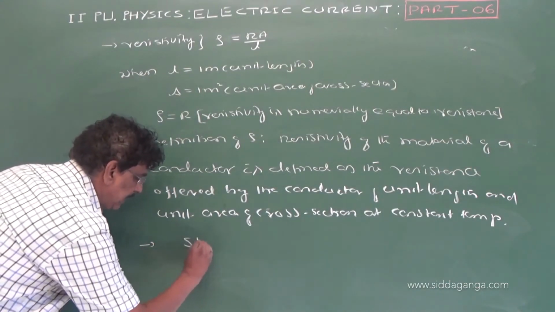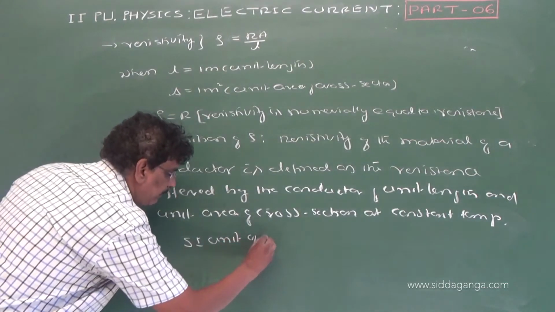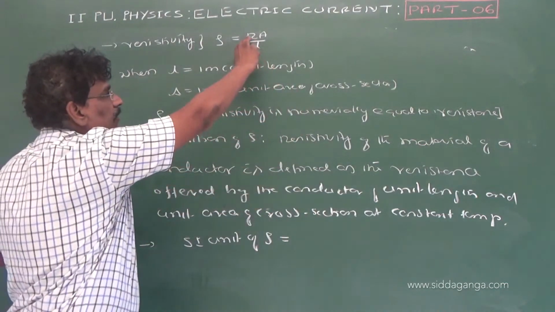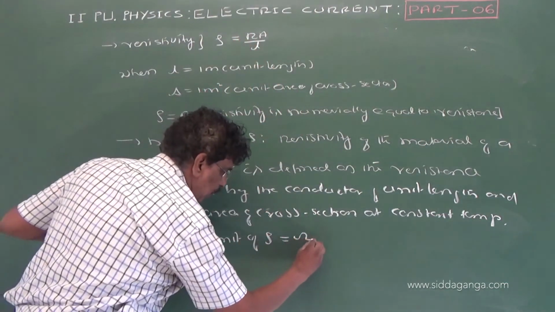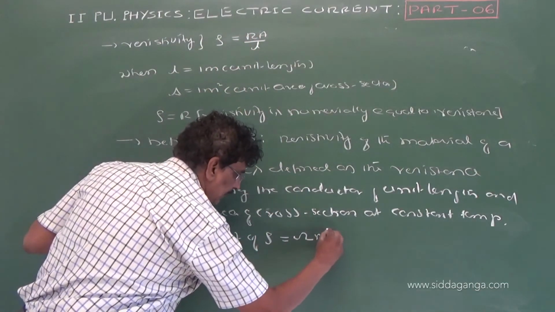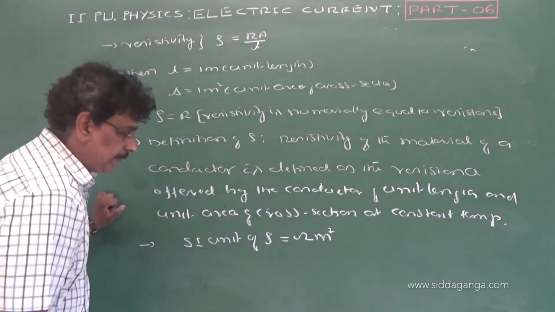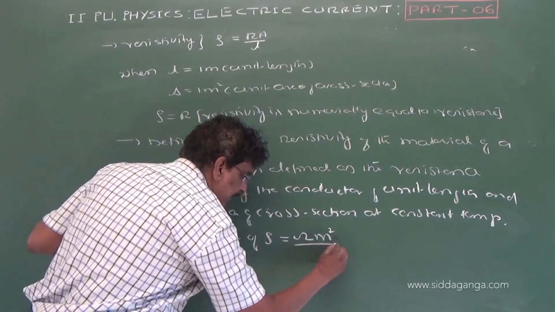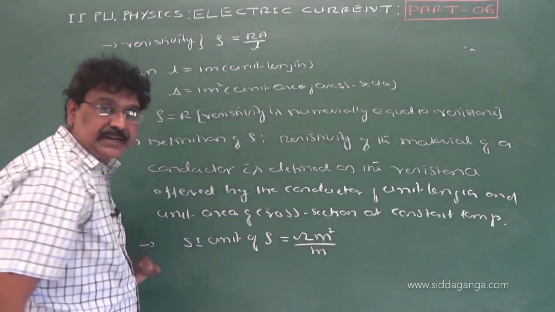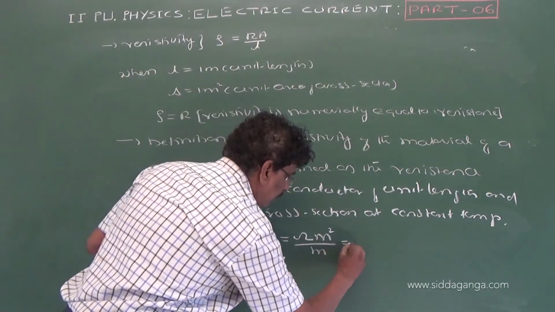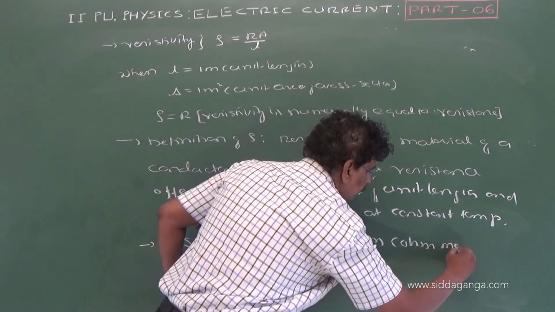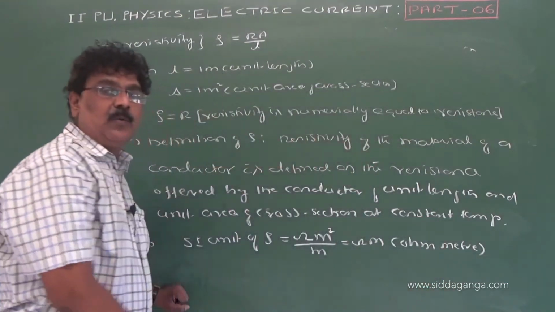Now, the SI unit of resistivity is equal to the SI unit of resistance, that is ohm, into the SI unit of area, that is meter square, divided by the SI unit of length, that is meter, which is equal to ohm meter.